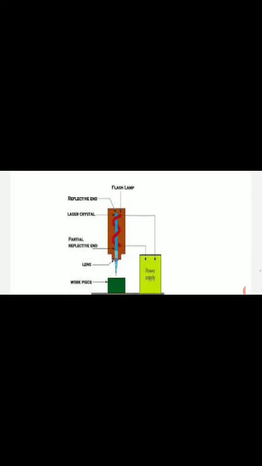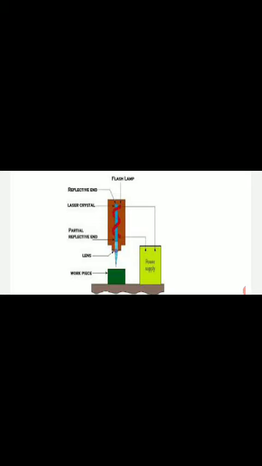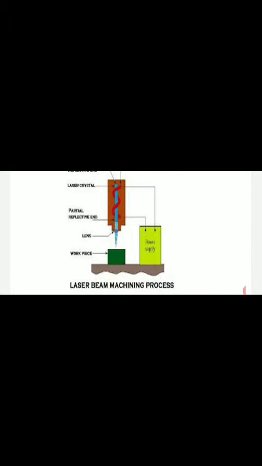Coming to the arrangement, it consists of a laser surrounded by a xenon flash lamp, and the laser has a fully reflective end and a partially reflective end. At the partially reflective end there is a lens, and this laser light is focused over the work part.